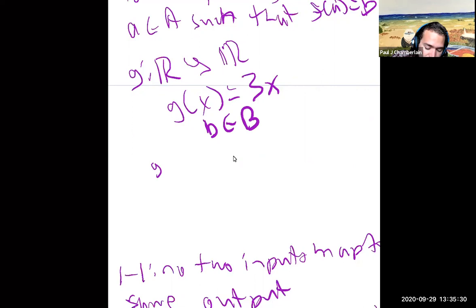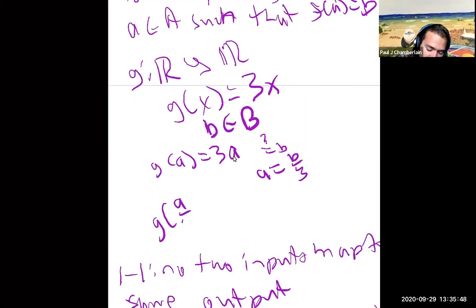I know that g of a is equal to 3a, and I want this to be equal to b. So I'll let a be equal to b over 3. Then g of b over 3 is equal to 3 times b over 3, which is equal to b.